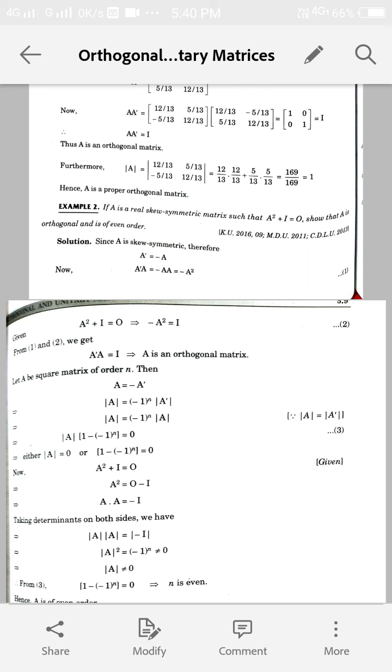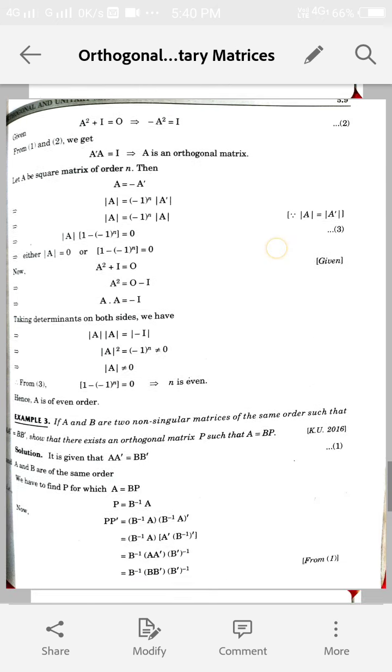On the left hand side we get a product of two factors, and this comes out to be 0. It means either of them must be equal to 0. So we can say either determinant A will be equal to 0 or 1 minus minus 1 raised to the power n will be equal to 0. But here we are given A square plus identity is equal to 0. It means A square is equal to minus identity, or you can say A into A is equal to minus identity.